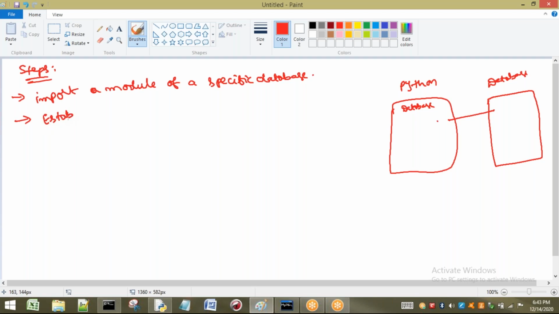Establish the connection, right? After establishing the connection between the Python program and the database, we can communicate. For that, we are going to use a function called connect. So the first point was to import a specific database module.